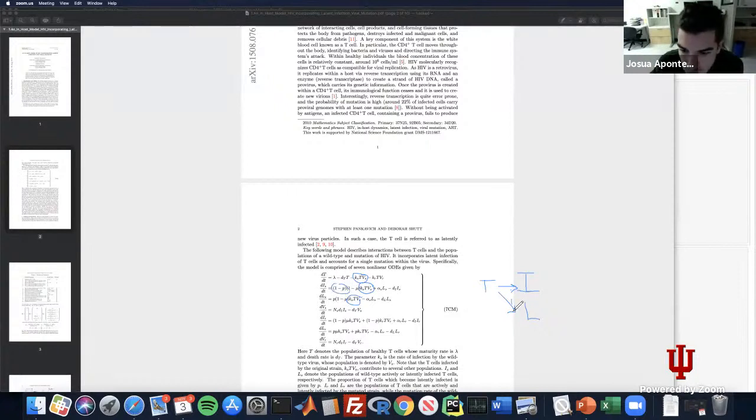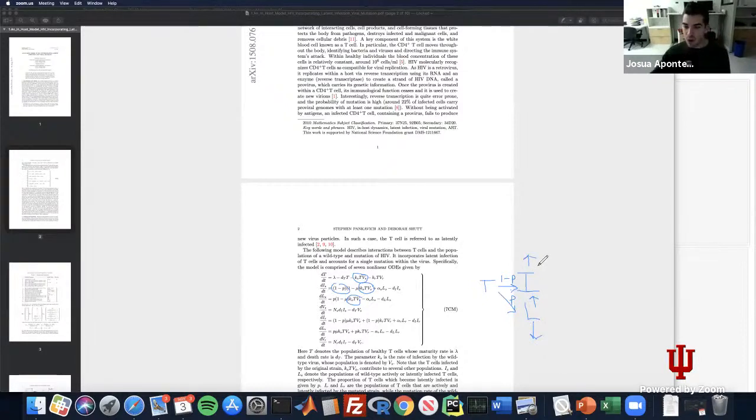So P goes to latent, 1 minus P goes to infection. Latent cells can become infectious, and they die, and the infected cells die as well.